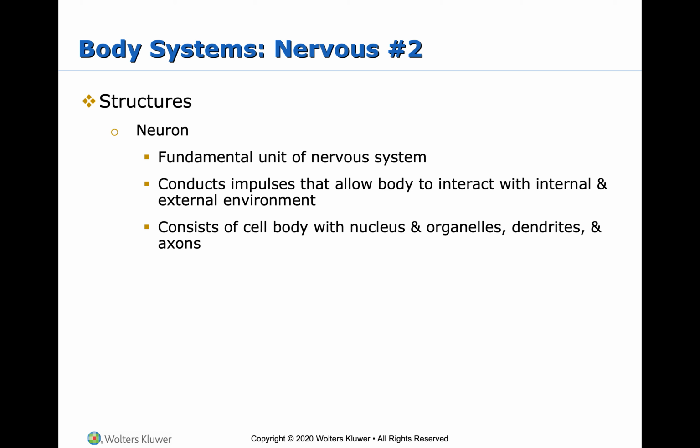It consists of a cell body with a nucleus and organelles, dendrites, and axons. There's a picture of it on page 129. I'm not going to quiz you on or put a picture of a neuron on your exam and expect you to know the different structures. But I do want you to be aware that this is the fundamental unit of the nervous system.